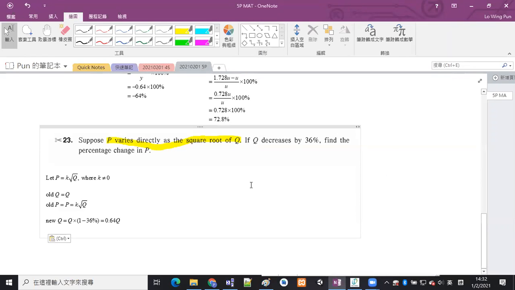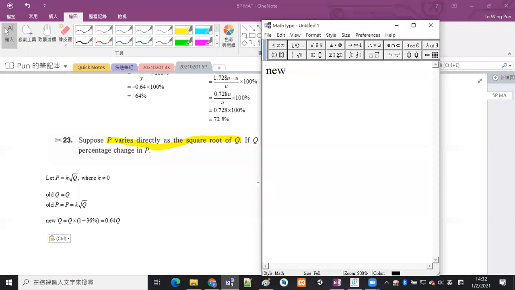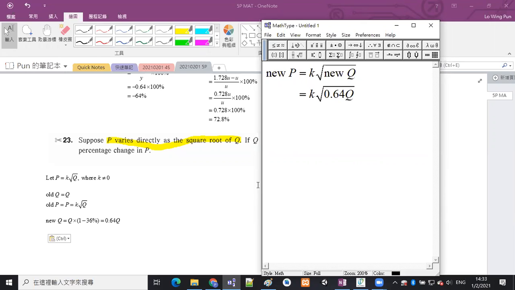And then the new P is equal to K times the square root of new Q, by the formula we have set. And this is equal to K times the square root of 0.64Q.